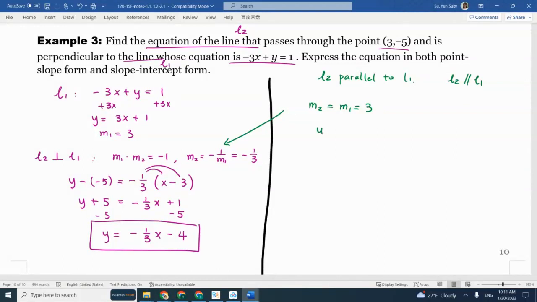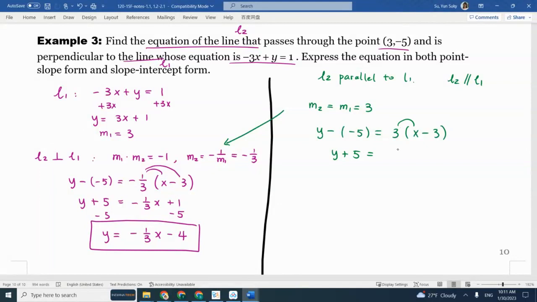So y minus what? y1, which is negative 5, equals slope 3. And then x minus 3. Yes.